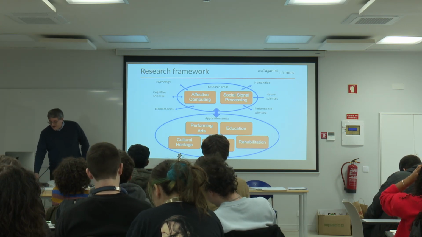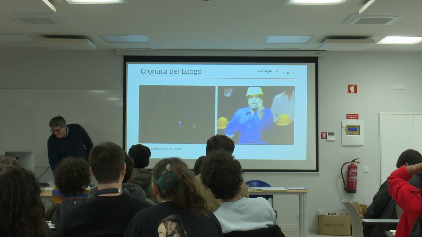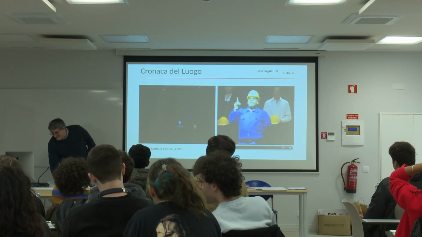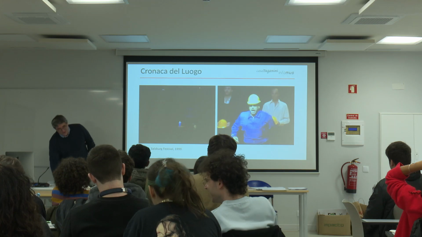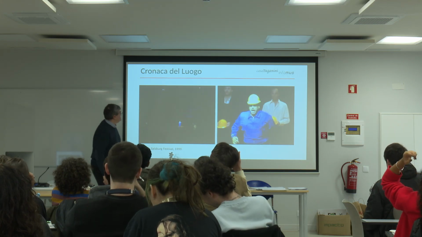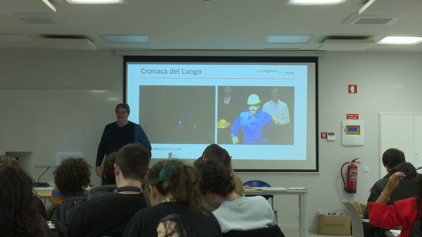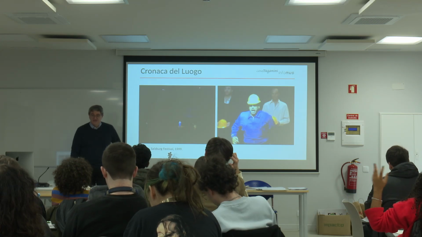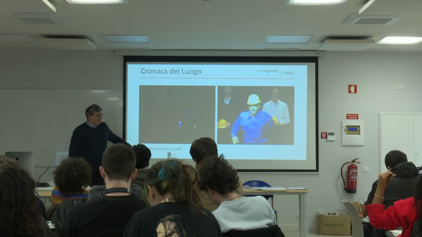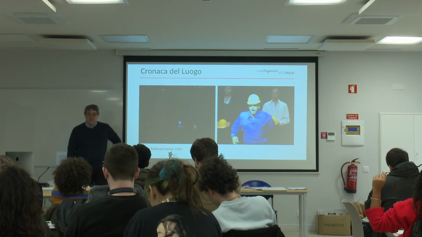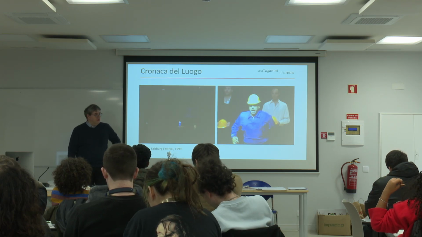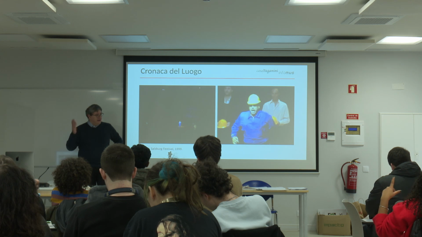And now I start with an example. Okay, this is Cronaca del Luogo. This is a music theater production, an opera, by Luciano Berio, who was a very famous computer music composer of the second half of the last century.